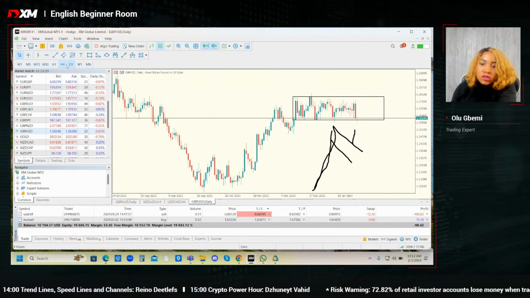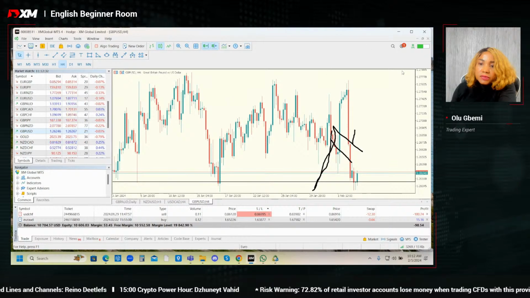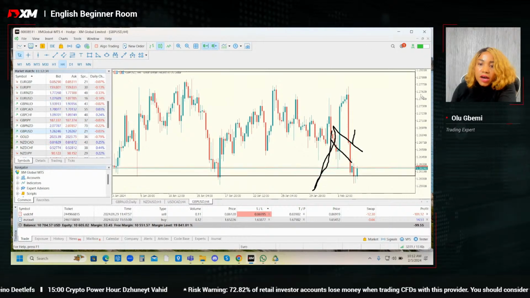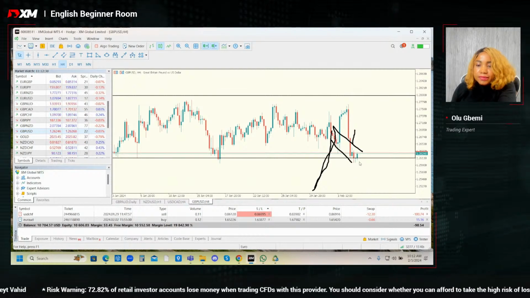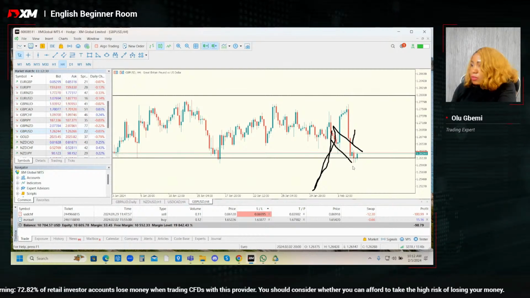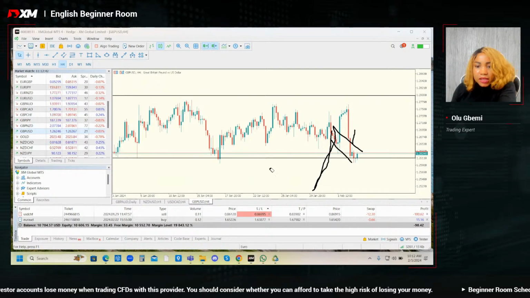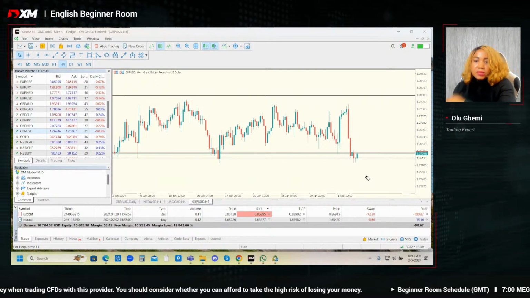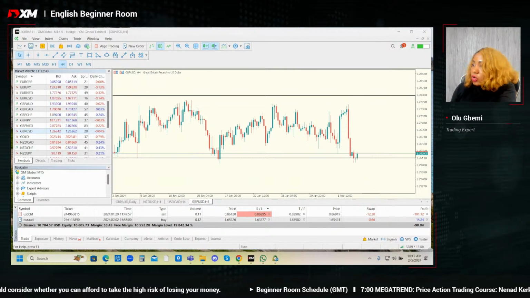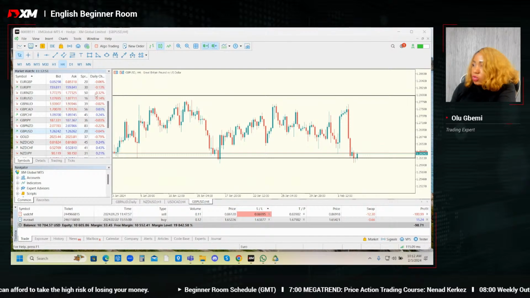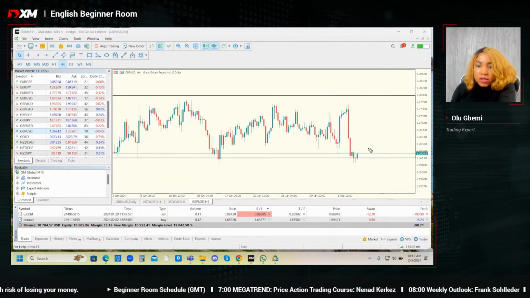So let's go to the lower time frame and see. On the 4-hour, what do we have? On the 4-hour, we have a morning star pattern forming. If the current 4-hour candle closes bullish, the three candles here would form a pattern called morning star.